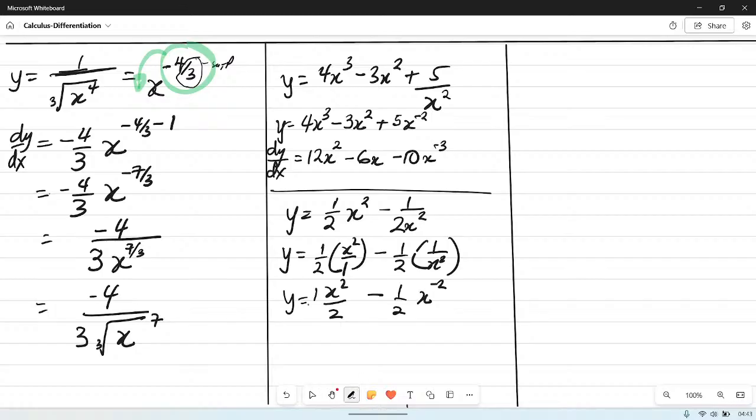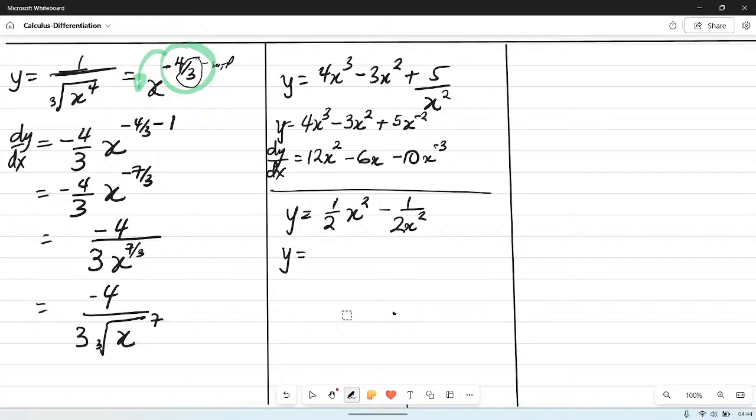Or better still, you can write this one as half. Let your focus be on the x. Always have in mind that it can be factorized. So rewrite it again. Let me see. What do I write?